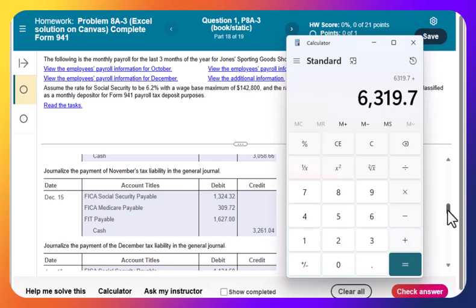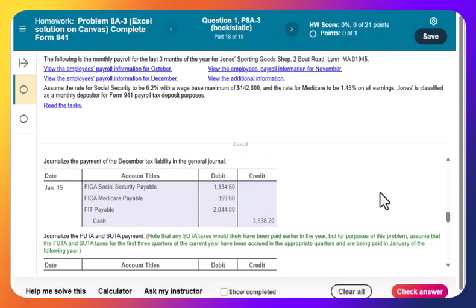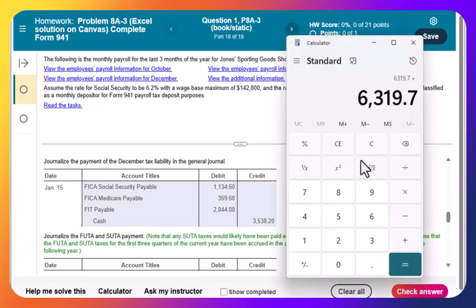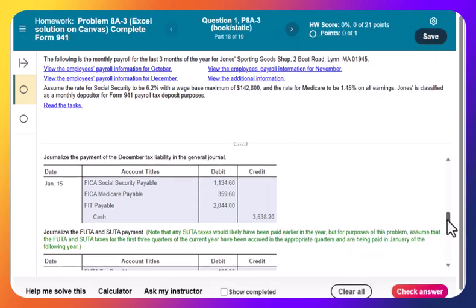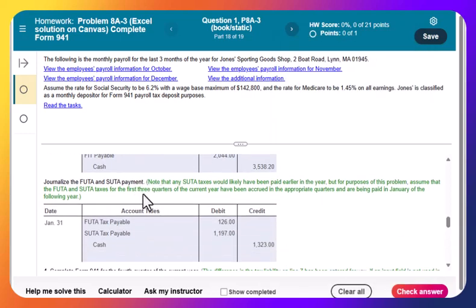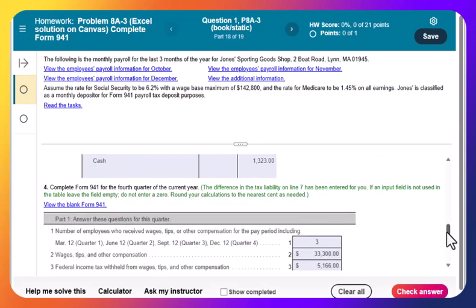And then we're going to go ahead and add December's here, $3,538.20, and that's going to be a total of $9,857.90. And then also just be sure that you are not adding the FUTA and SUTA payment here at the very end. That's also cash, but FUTA and SUTA are not part of the 941 taxes here.